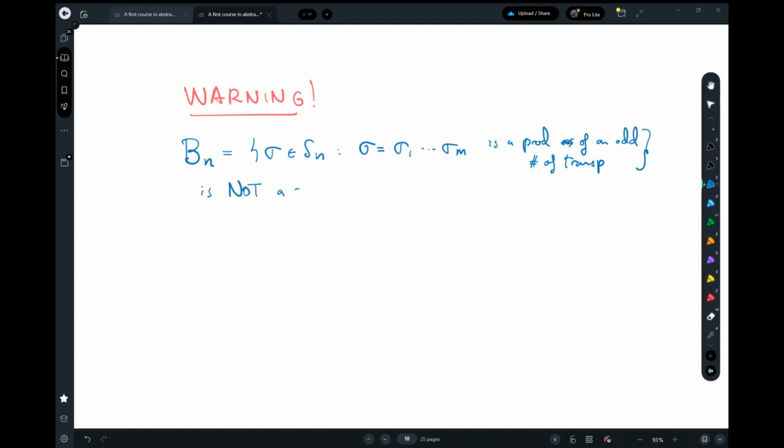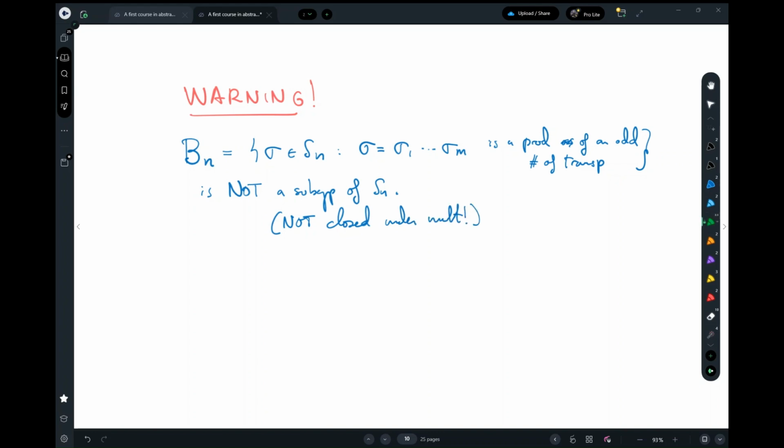It's not a subgroup of Sn because, if I have an element that has an odd number of transpositions and I multiply by another element that has an expression as a product of an odd number of transpositions, the product will have an even number of transpositions, and it will be outside of Bn. So it is not closed under multiplication.